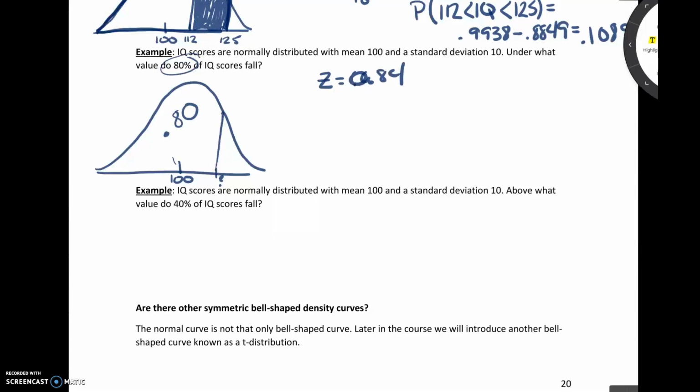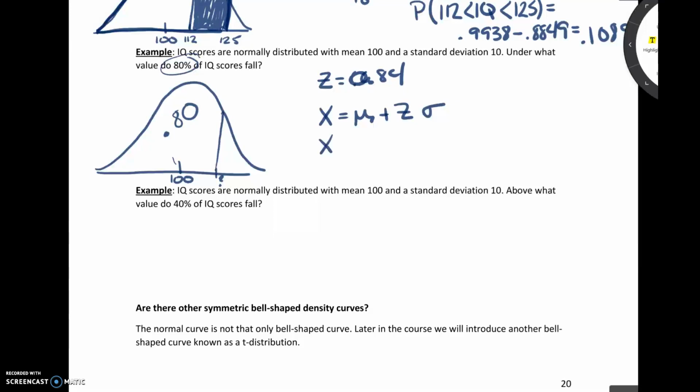So we can set up our formula. If you go back and look on page 19 of your notes, we have this formula where x, the value we're interested in down here, is equal to mu plus z times sigma.